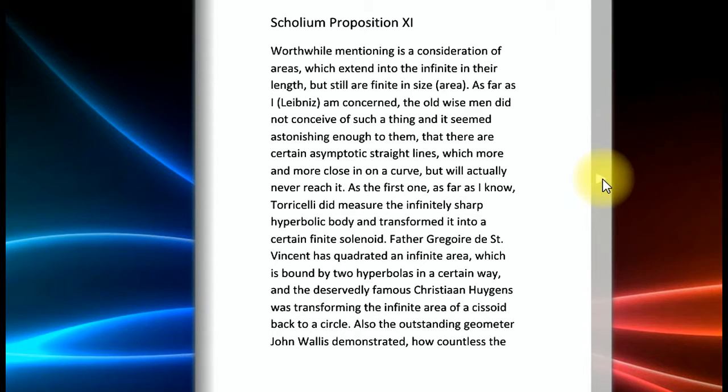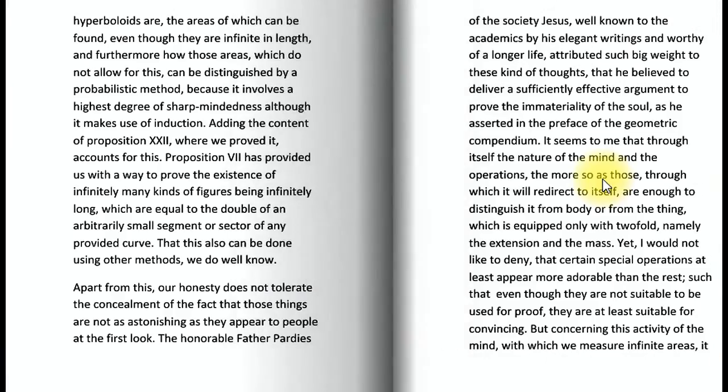Also, the outstanding geometer John Wallis demonstrated how countless the hyperboloids are, the areas of which can be found, even though they are infinite in length, and furthermore how those areas which do not allow for this can be distinguished by a probabilistic method, because it involves the highest degree of sharp-mindedness, although it makes use of induction. It's a very nice little formulation here, full of irony. Sharp-mindedness, although it makes use of induction.